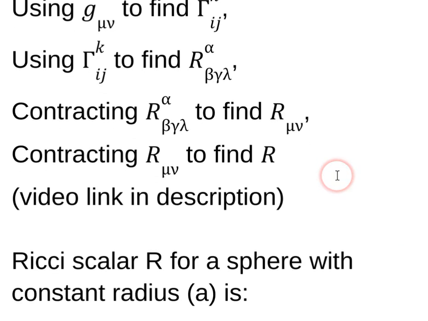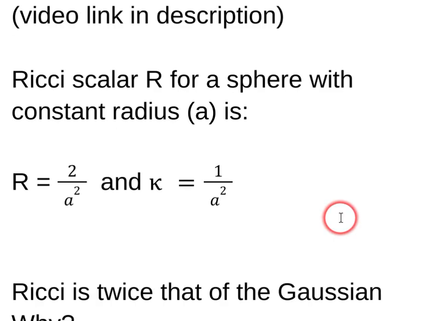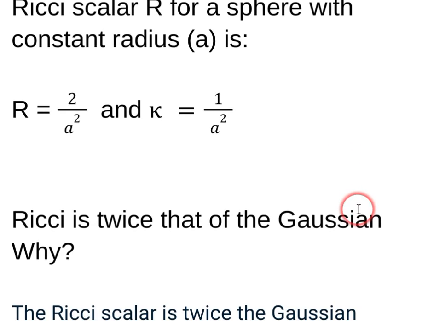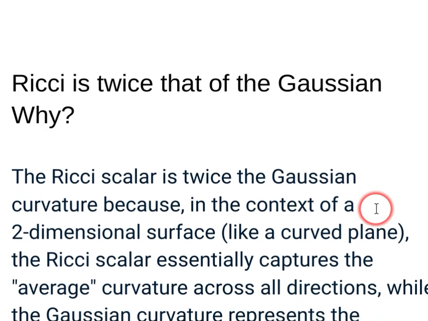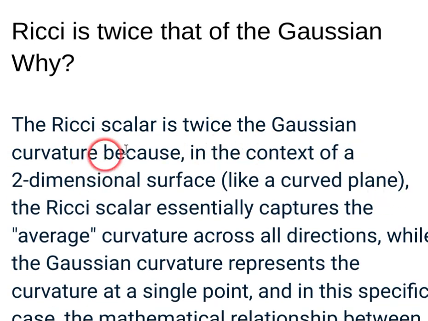Now, you notice there, the Ricci scalar for a sphere with constant radius is 2 over a squared. But kappa, the Gaussian curvature, is 1 over a squared. Well, why is it twice? What does that mean? Well, I asked Google AI what it means, and here's what it told me. The Ricci scalar is twice the Gaussian curvature in the context of a two-dimensional surface like a curved plane.